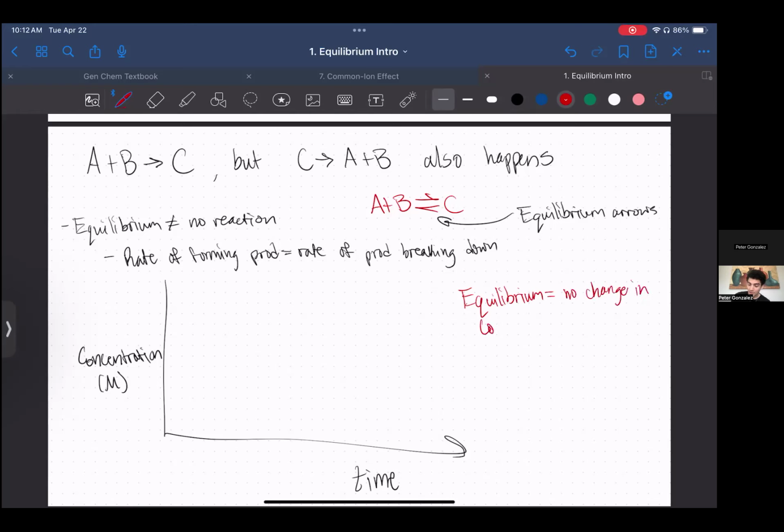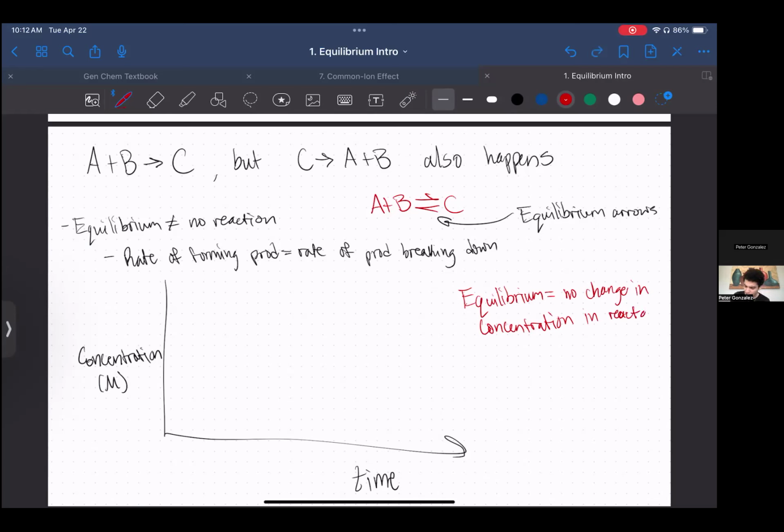And you can actually map this onto a graph, and I'll show you right here. Whenever you want to do that, you basically just need to understand that over time, these are going to change a little bit. I will lose some reactant and gain some of my product, but what matters is that ultimately they're both going to level out and not change anymore.